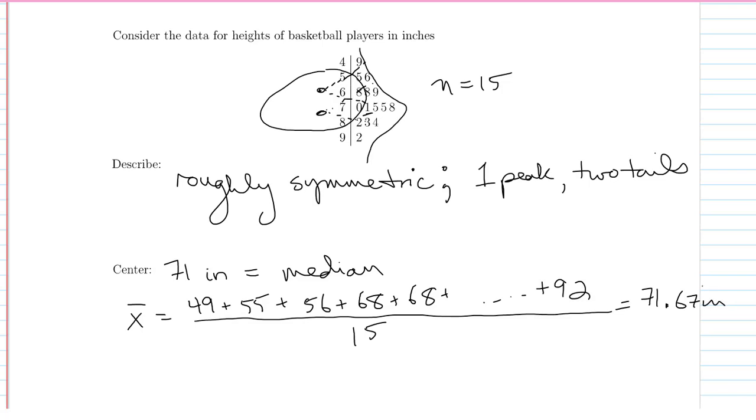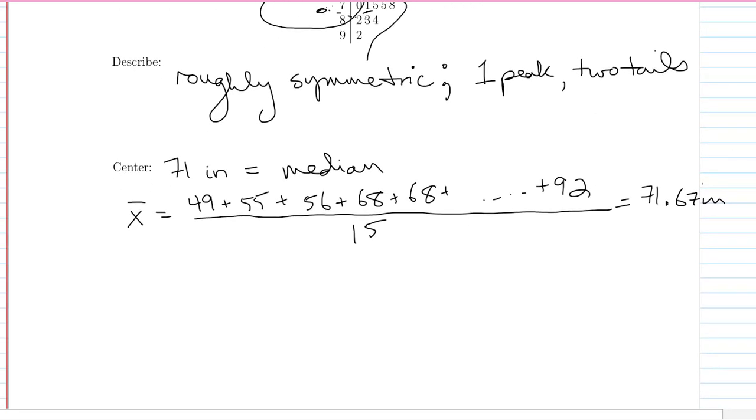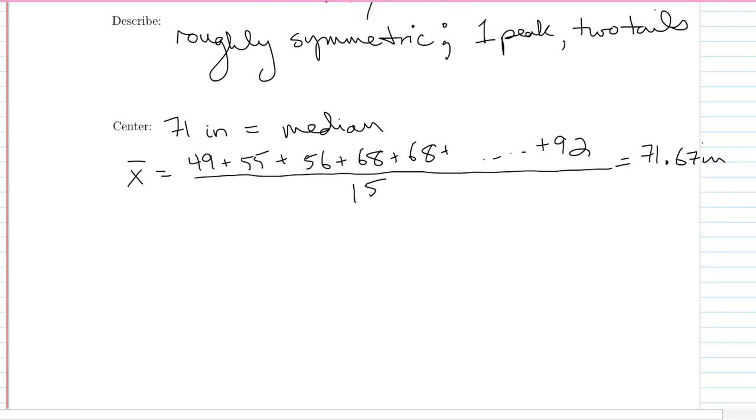Alright, good. Now, our data is roughly symmetric, and the first thing you should see now from our mean and median is that they're approximately the same. Okay, so x bar is approximately our median when our data is roughly symmetric.